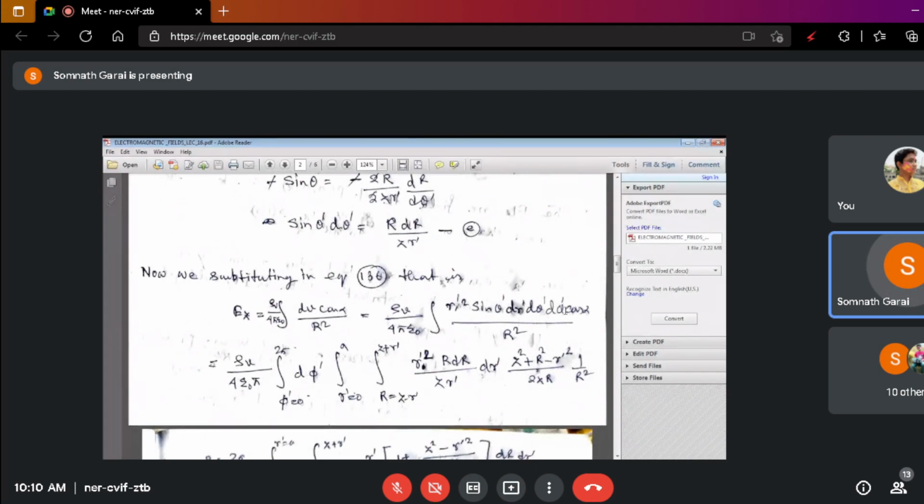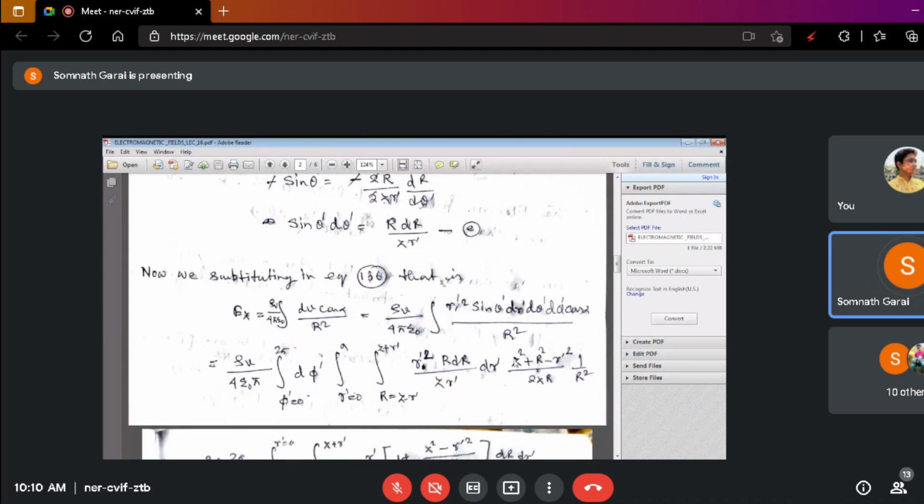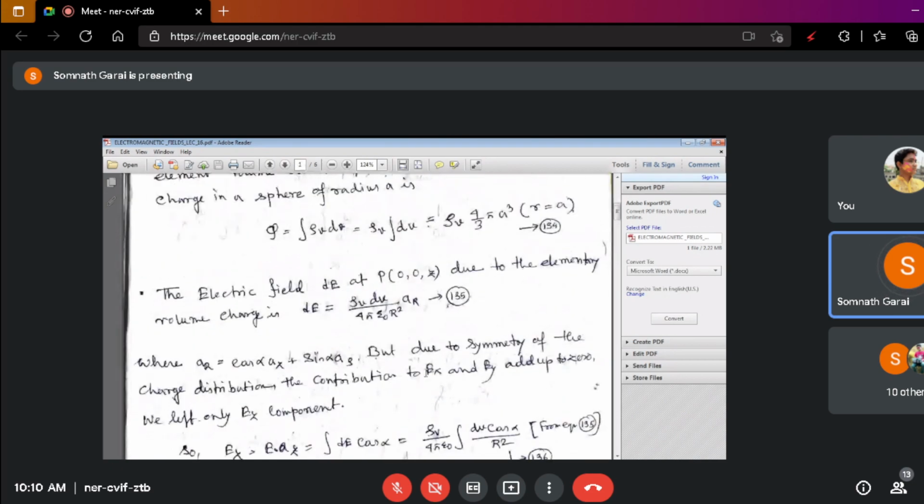So cos phi we replace by the equation we have already calculated in equation number C. So z square plus capital R square minus small r dot square by 2zR into 1 by R square, and sin theta dot d theta dot replaced by capital R dR by z r dot. Right? Okay, clear? Now theta dot, phi dot, here phi varies from, this is the phi.